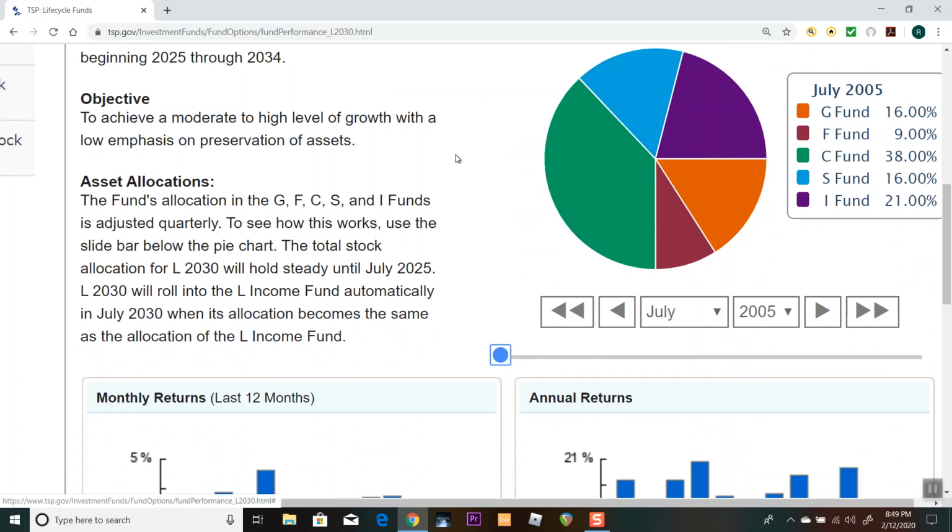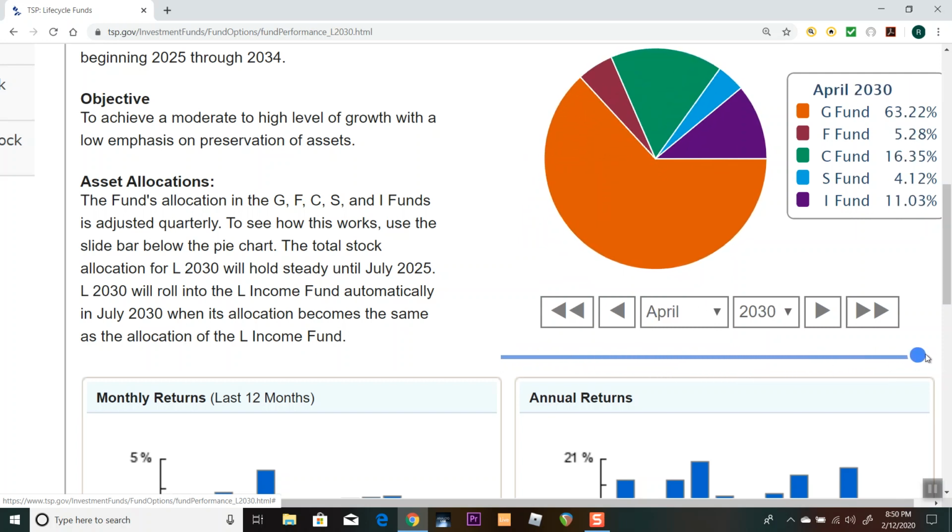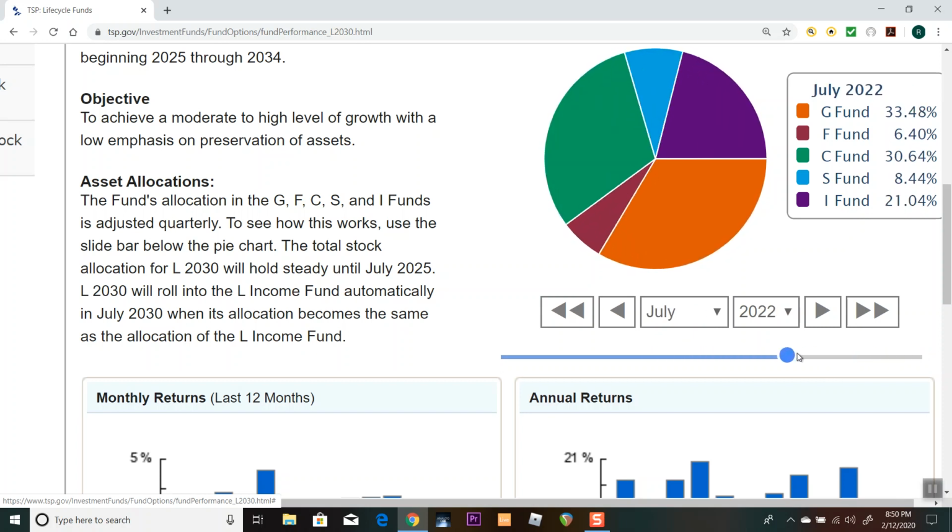And as you may expect, the allocation here is more evenly spread between everything except for the F fund. This one has more emphasis on the C, which is good. If you look, it also moves to the G, but way later in the years is when it really takes over and starts putting a lot more towards the G.